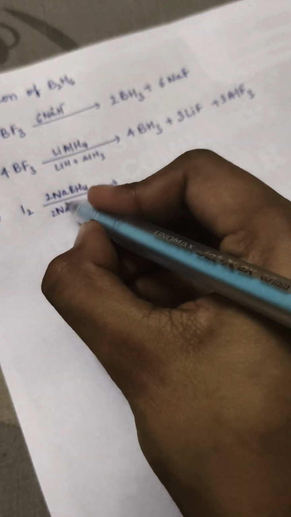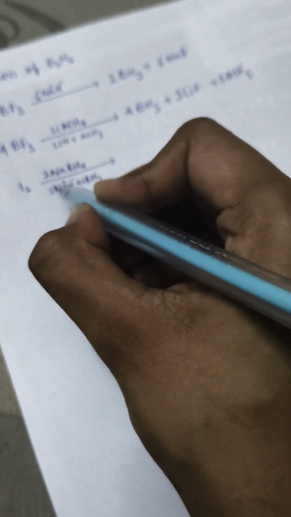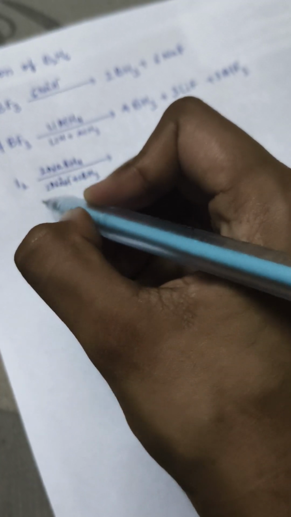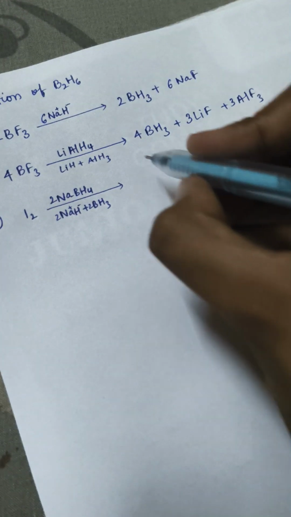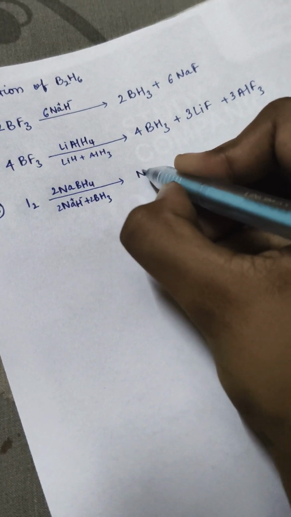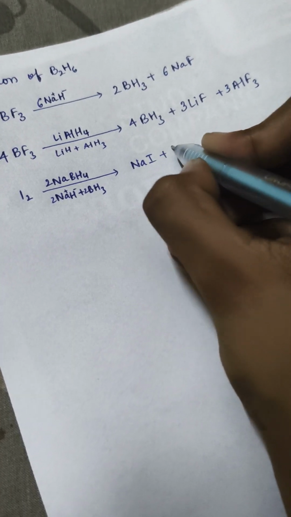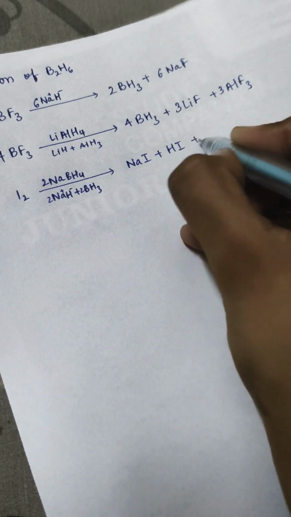And with this we know this is plus and this is minus. 1 mole of Na plus will react with 1 I, and 1 mole of this will react with another I, and they form NaI plus HI plus, and this 2BH3 will stay as it is.